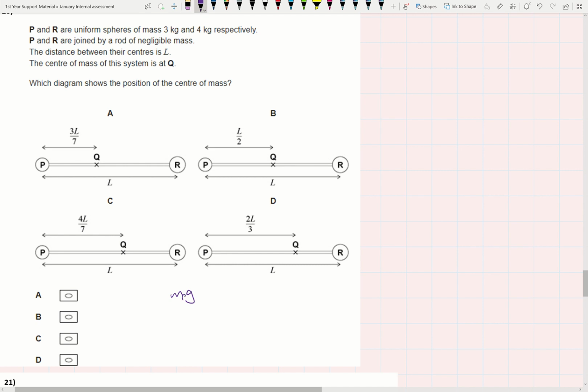So if I go mass of P times G times distance, which we're going to call L. In fact, this is probably easier if I start at one end, isn't it? Or can I not do that? So the moment from P equals the moment from R.